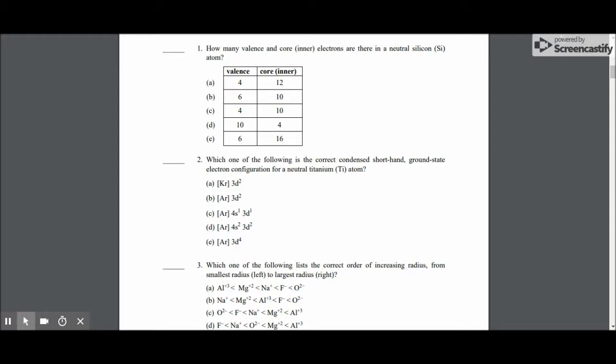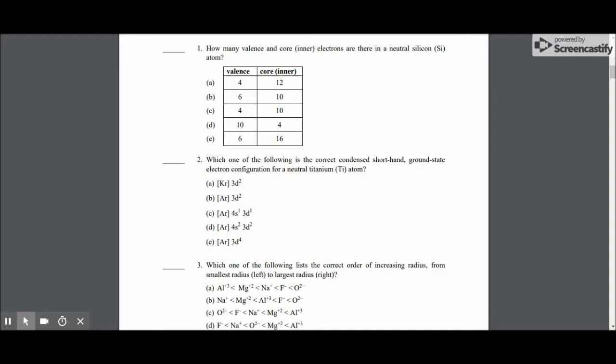So I would cross off C and E. Now it gets a little tricky here because 2 of the 5 have 4S in it, and 3 of the 5 have 3D something in it.